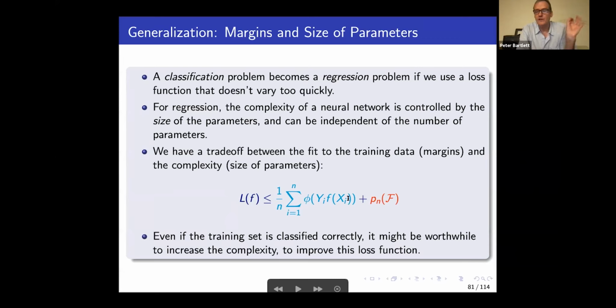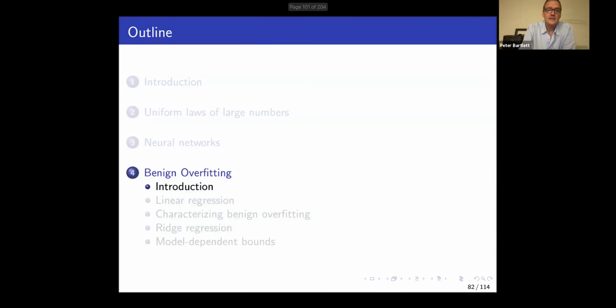From those examples, the ones that motivated the large margin classifier study, even if the training set's classified correctly, we might get some advantage to increase this complexity penalty if we can improve this margin loss function. You might still get an improvement in this upper bound on the risk. So that's a good point to stop.